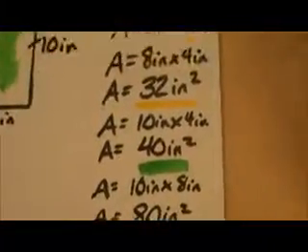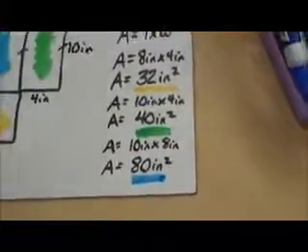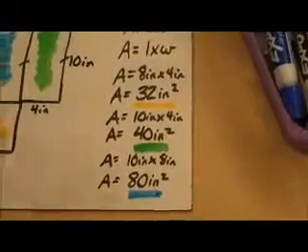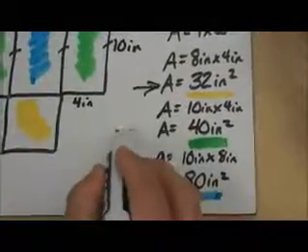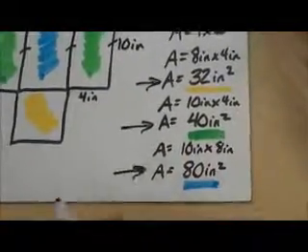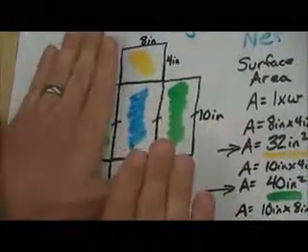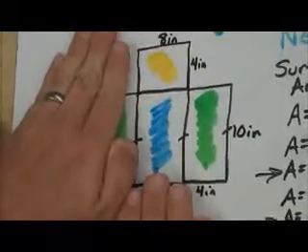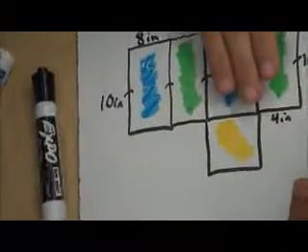Now, we have 2 of each. To save work, I'm going to take my 32 inches, my 40 inches, and my 80 inches. Basically, as if I cover with my hands, I'm taking those 3 rectangles. But notice, if I cover up again, I've got 3 more rectangles.